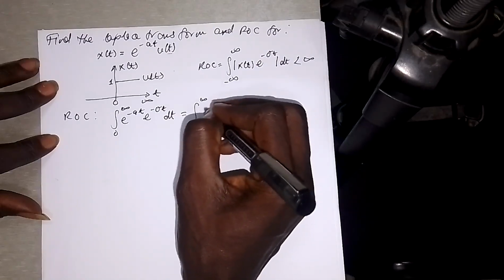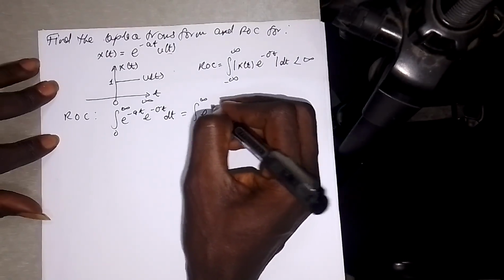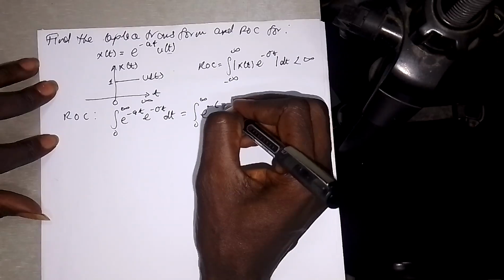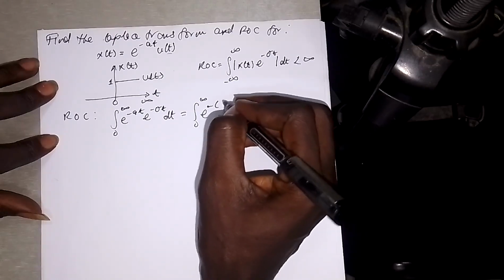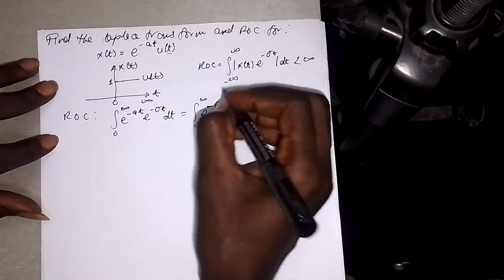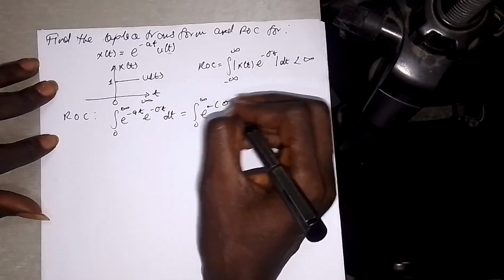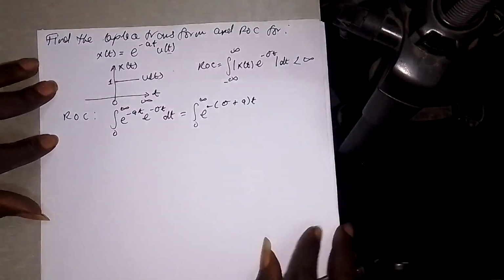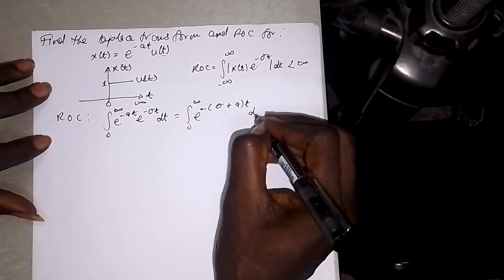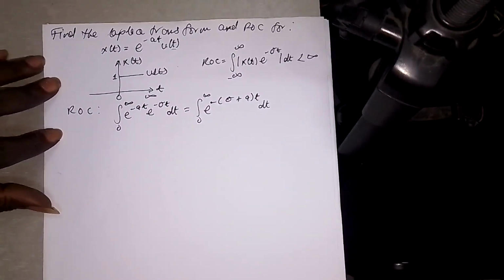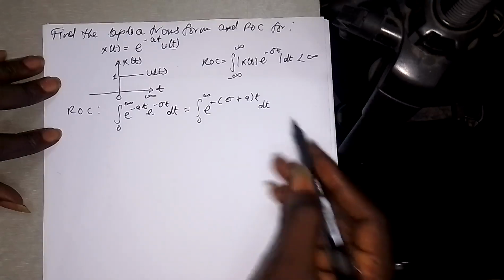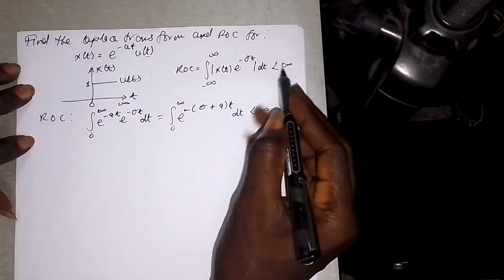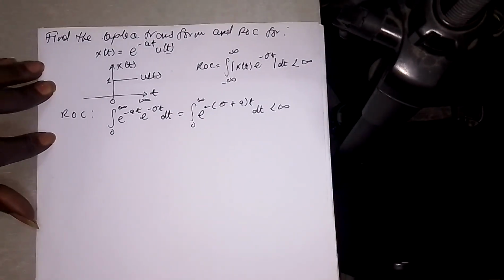Okay, so I'll have e exponent minus (sigma plus a) into t, then dt. All right, so basically when I have this one, it's supposed to be less than infinity. Okay, from here it's supposed to be less than infinity.